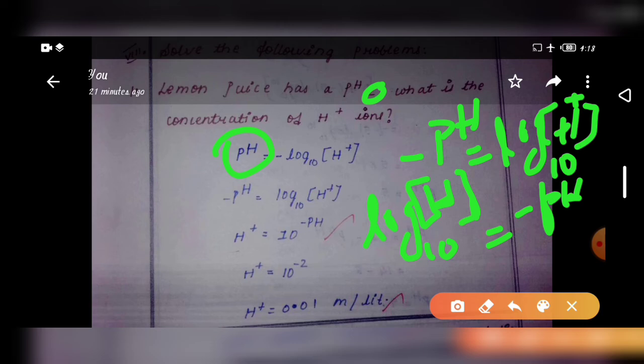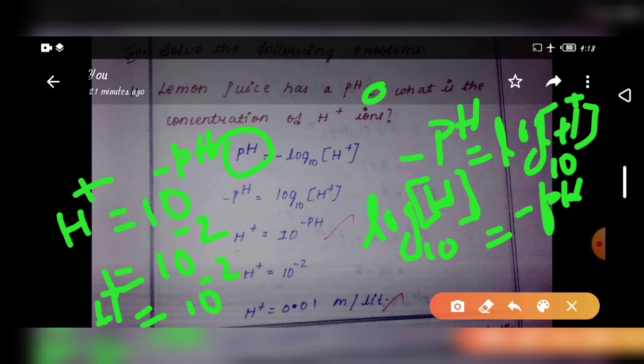Whenever you remove the log, it becomes H+ equal to 10 power minus pH. Now the pH value is 2, so 10 power minus 2. The H+ ion concentration is 10 power minus 2.